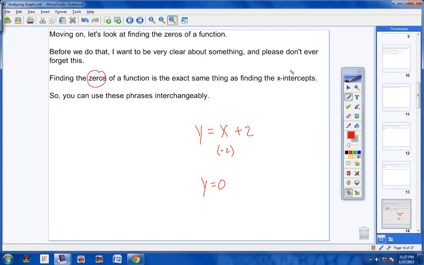We also call them x-intercepts. And think about it, this would be an x-intercept, (-2, 0). We put -2 in, we got out 0. So this is an x-intercept, but it's also called a 0 because -2 gives you out a 0. So please don't ever forget that. Zeros are the same thing as x-intercepts.